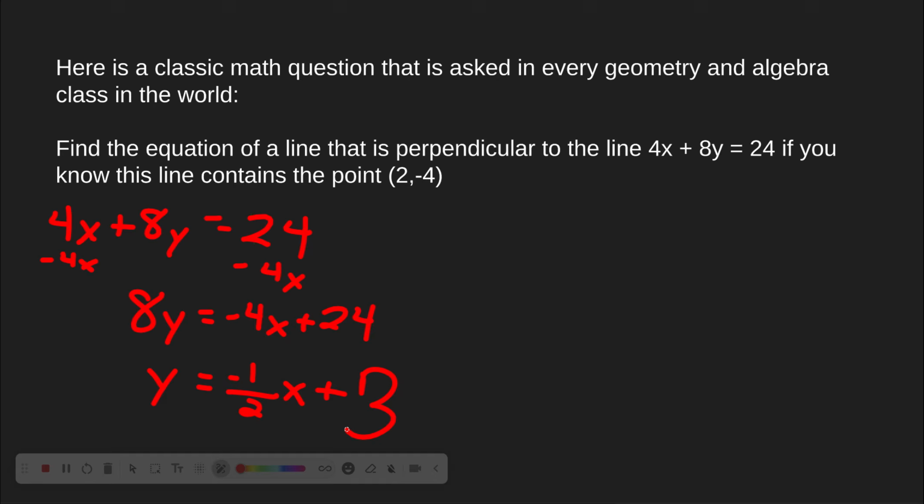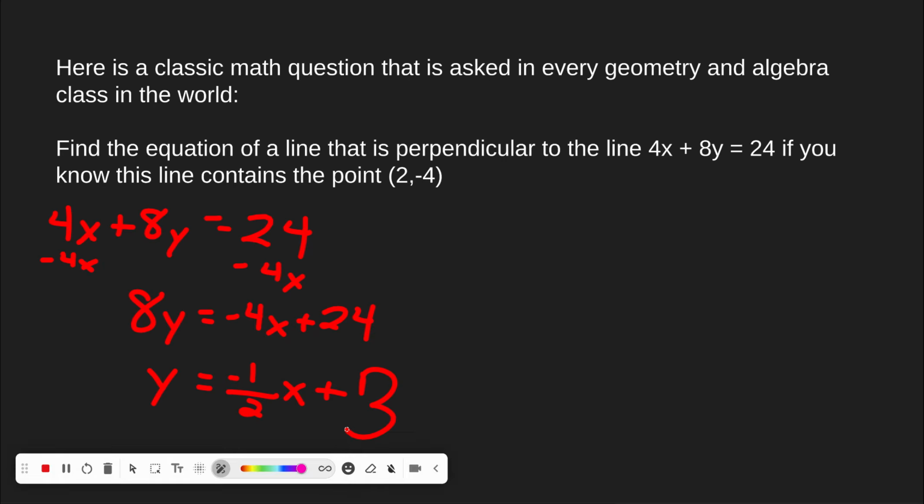So what is the slope of our red line? Negative 1/2. Thank you, Haley. So then what will be the slope of our line? We need to do the opposite reciprocal to that. Go ahead. 2. It is 2.